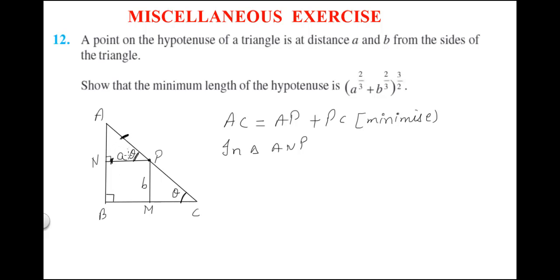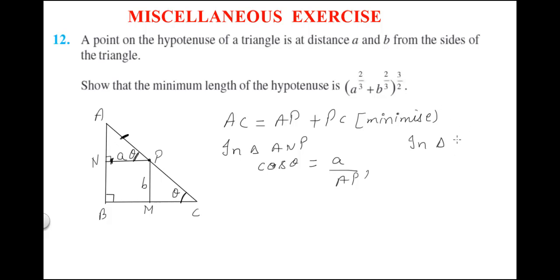So you have the hypotenuse and the side adjacent to the angle theta, which is a. So you have the base, and we can use cos theta. You can write cos theta equals the base, which is a, upon the hypotenuse, which is AP.